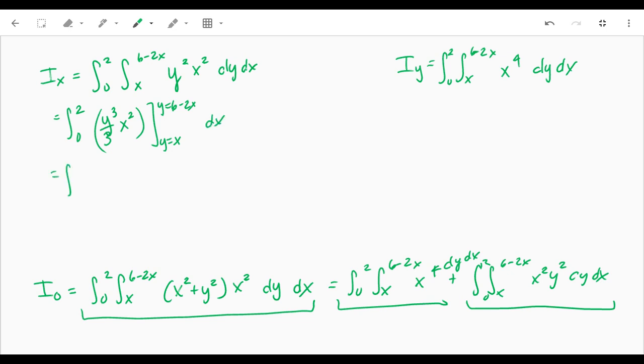So we would have our integral from 0 to 2 of, let's see, I'm going to just take that x squared over 3 out. And we'd have 6 minus 2x cubed, minus x cubed.